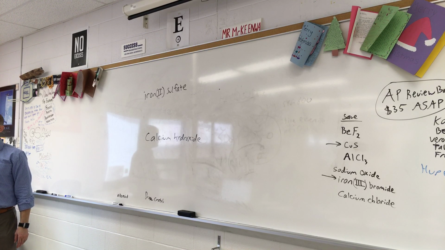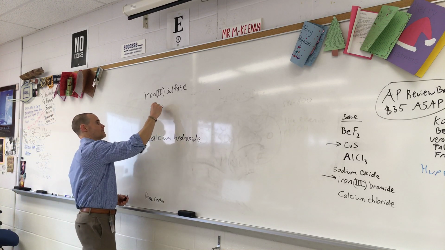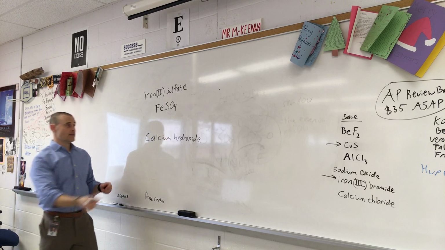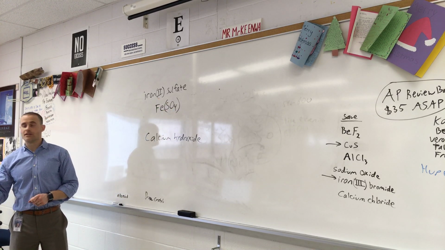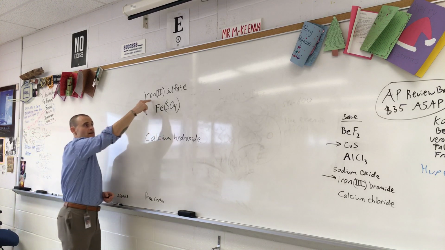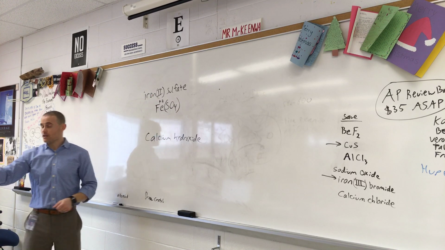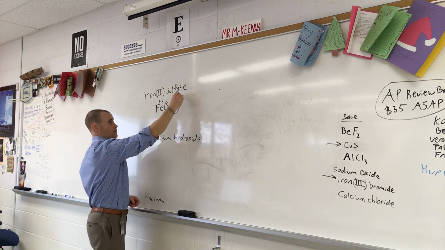Who wants iron 2 sulfate? FeSO4, very good. Good job. And again, I really want you guys doing that. FeSO4 is correct. Here's why. Fe, iron 2, means it's plus 2. On table E, SO4 is minus 2.